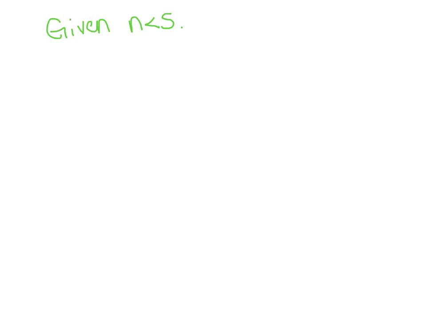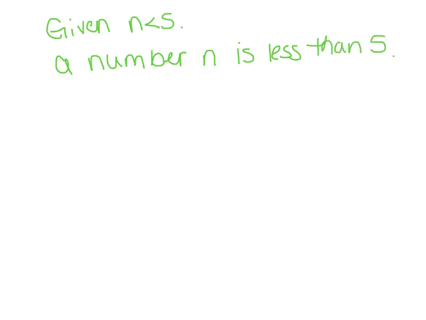So we would just say a number n is less than 5. So again, we're stating what the problem is actually saying. Alright? So we'll work on that tomorrow, and that is the end of our notes for today.